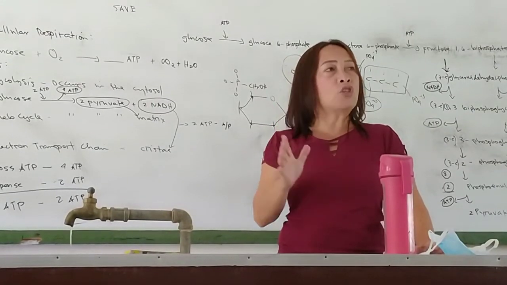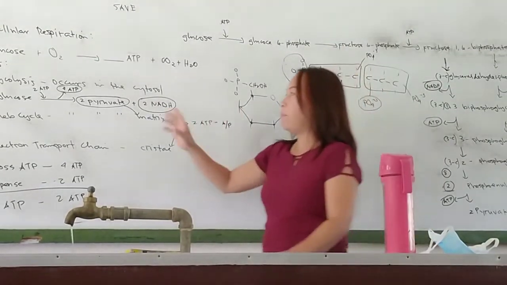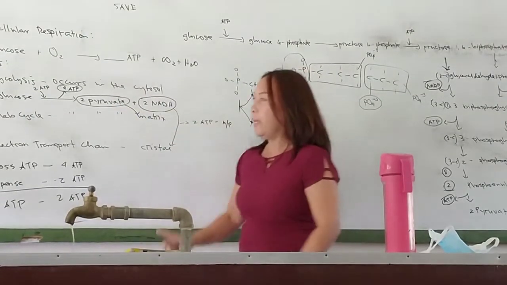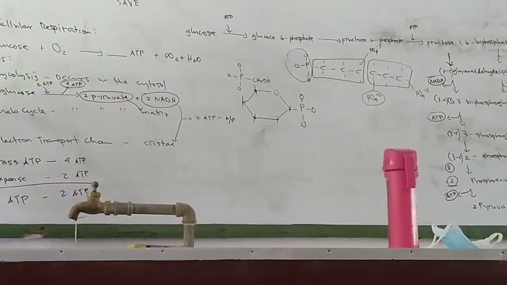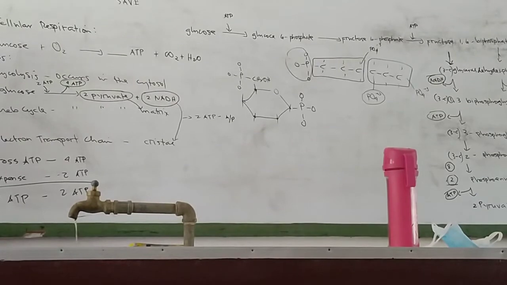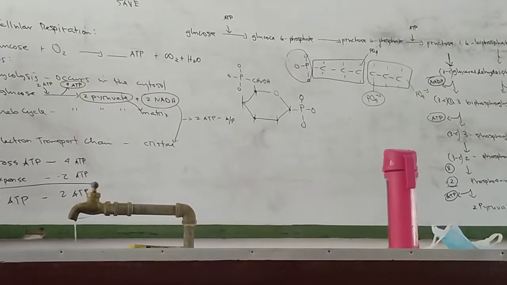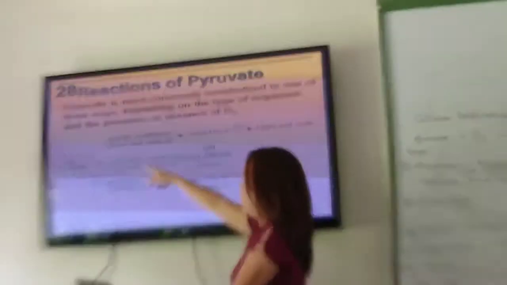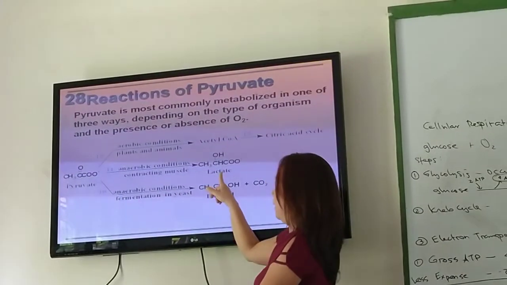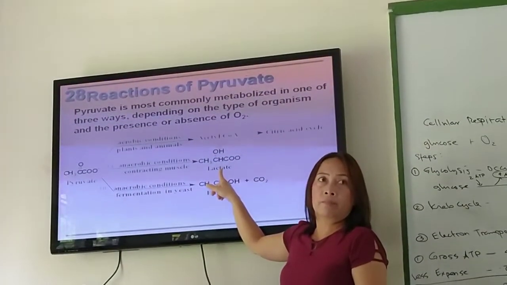So in other words, when you go up, your cells will be deficient of oxygen. So the pyruvate will undergo anaerobic respiration, or what we call lactic acid fermentation. Pyruvate is converted into lactic acid.